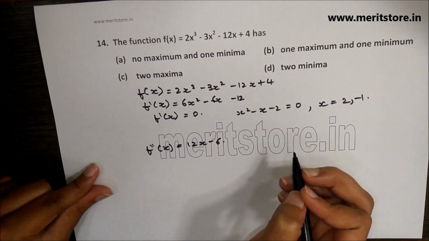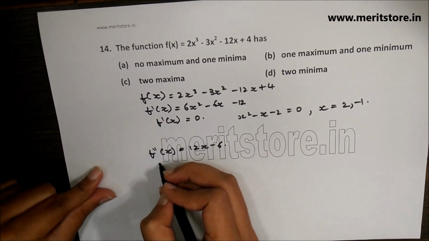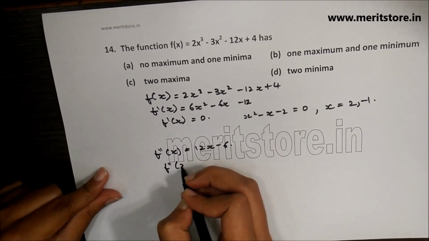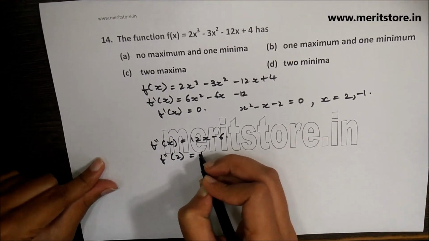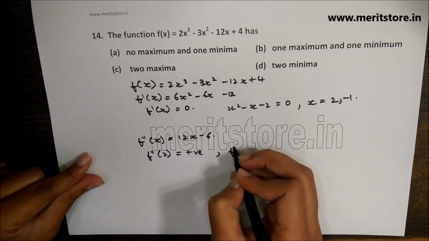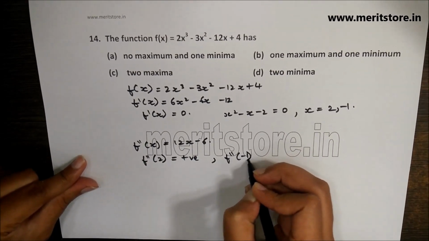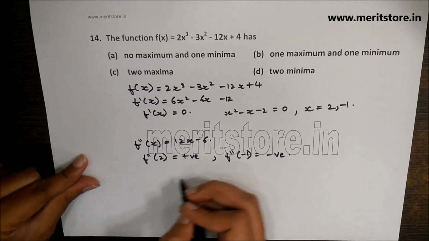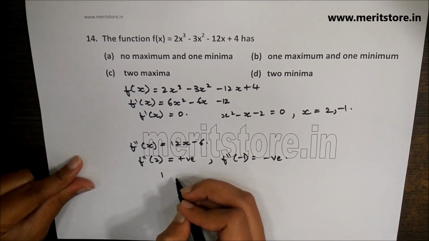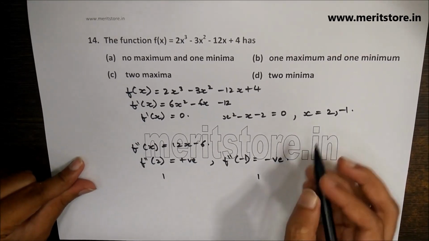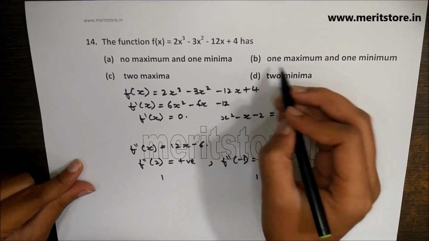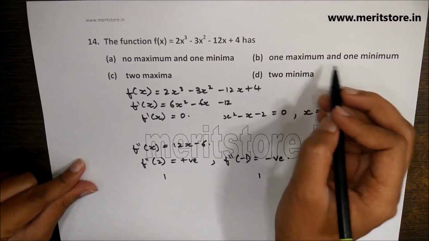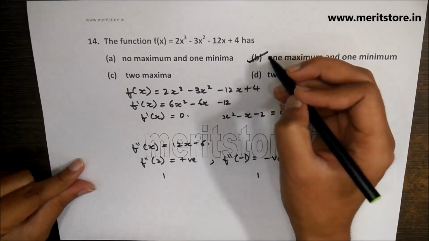Considering f double dash at 2, we get a positive value, and f double dash at minus 1, we get a negative value. Therefore the given function has one positive and one negative. Therefore option B is the correct option, which has one maximum and one minimum.